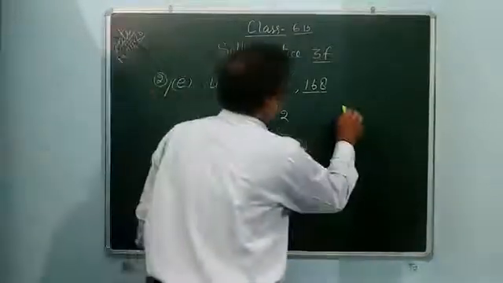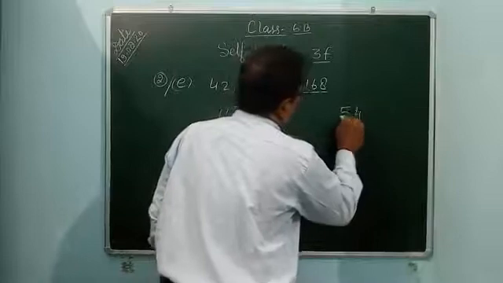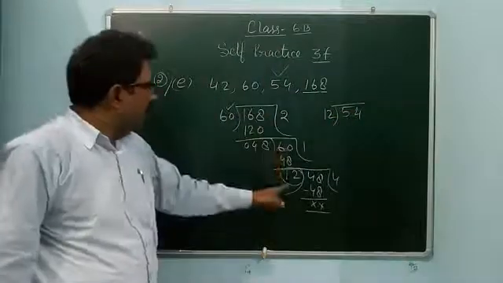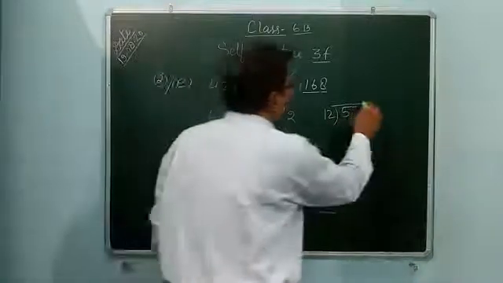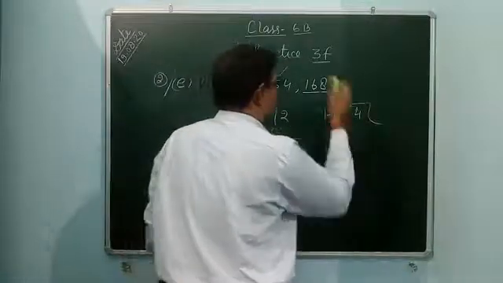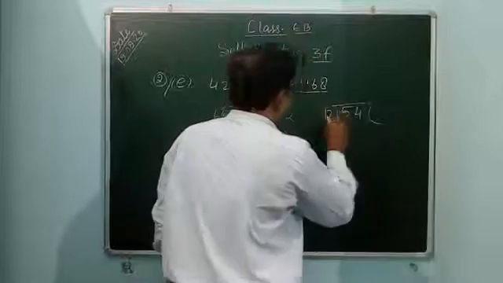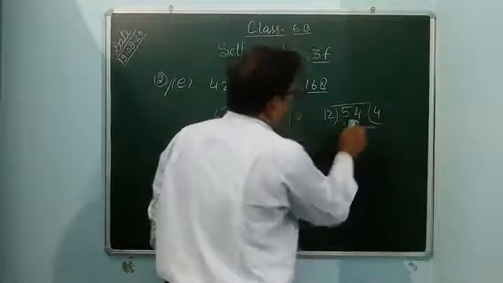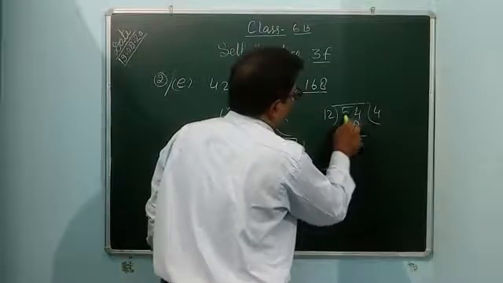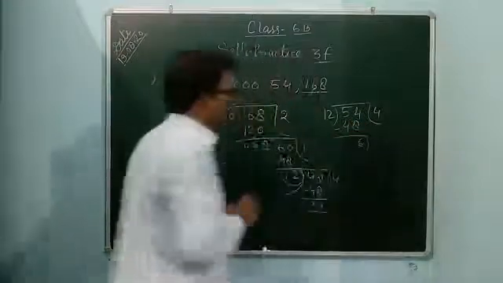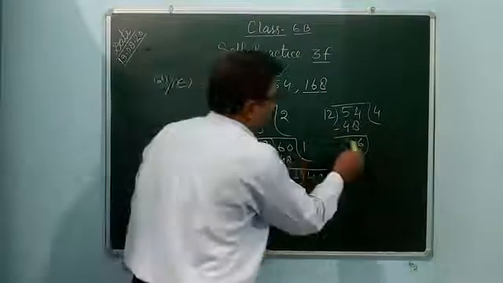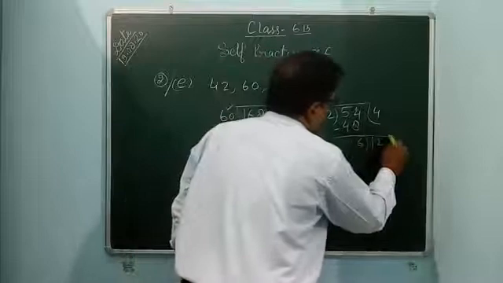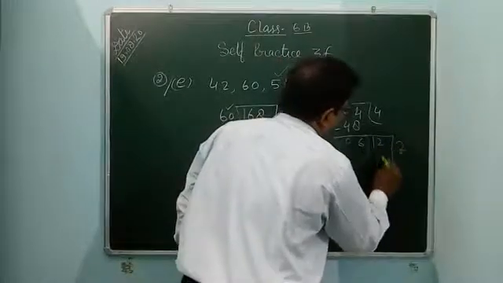So again, you divide 54 by 12. 12 fours are 48. 54 minus 48 is 6. 6 is the divisor here, and 12 is the dividend. 6 twos are 12.